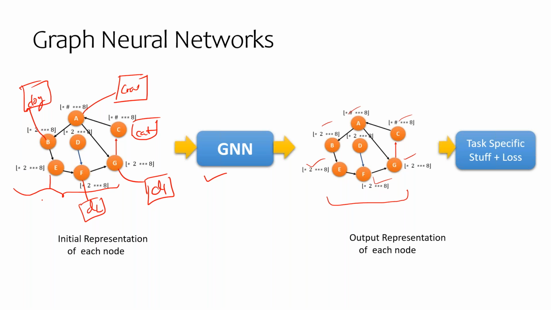So how these dogs are related to the other animals, these kinds of features that each of these nodes signifies can be called the initial representation.